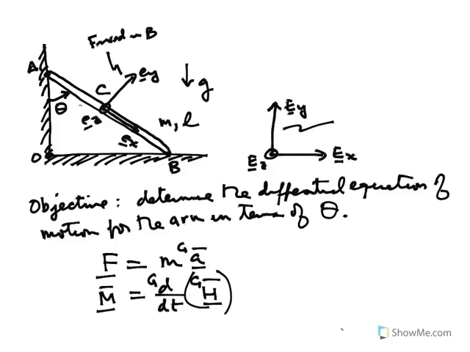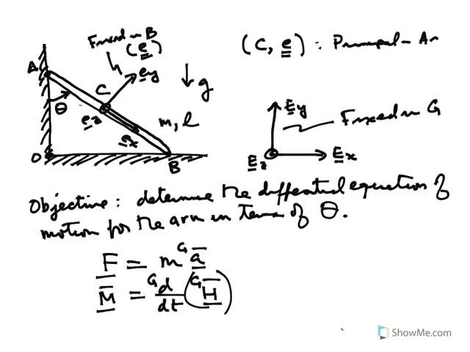This one is fixed in the ground. And this one right here, I'm going to call little e. And C together with little e is a principal axis coordinate system. So now we're ready to go. We can actually start doing calculations.